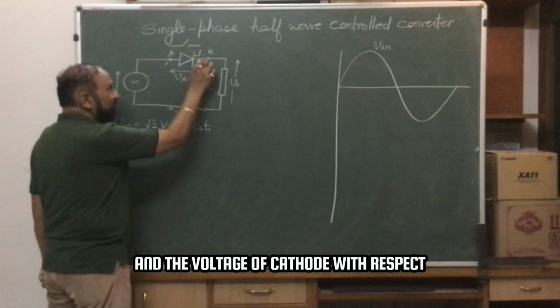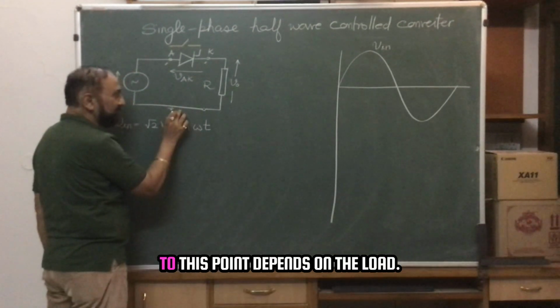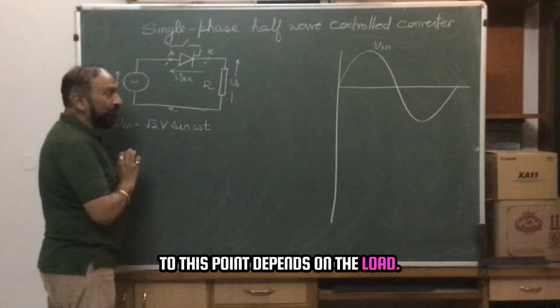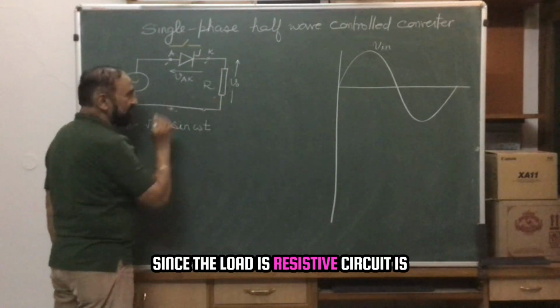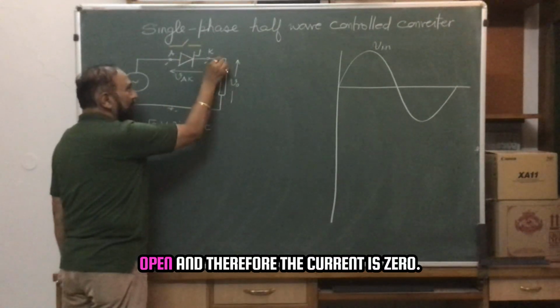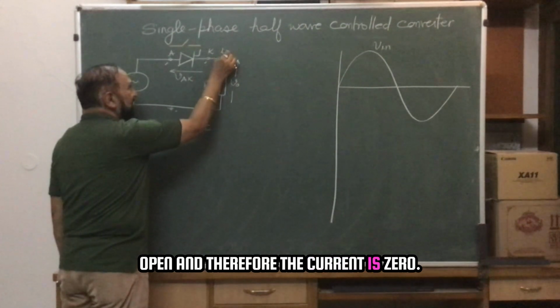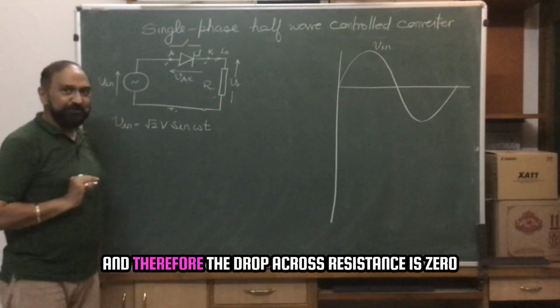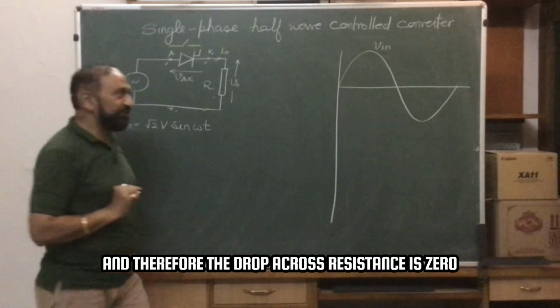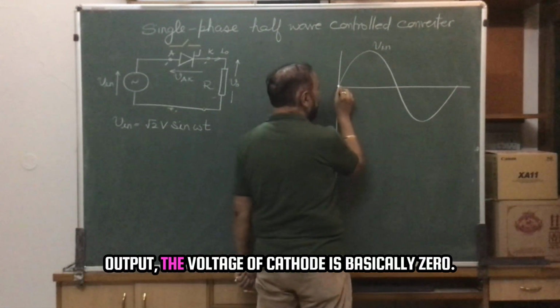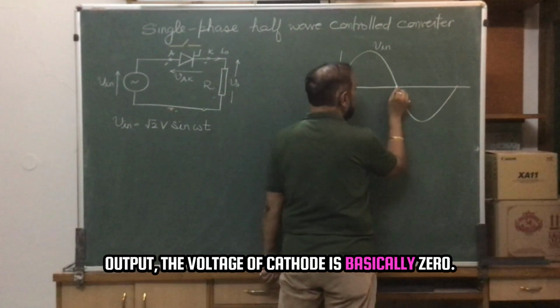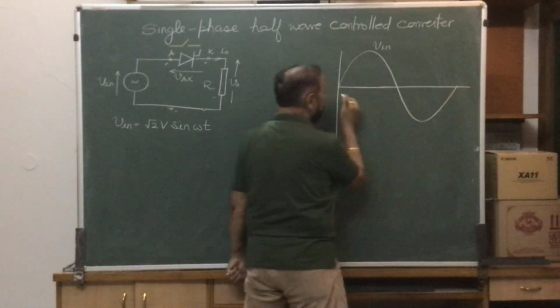And the voltage of cathode with respect to this point depends on the load. Since the load is resistive, the circuit is open and therefore the current is zero, and therefore the drop across the resistance is zero. The voltage of cathode is basically zero.